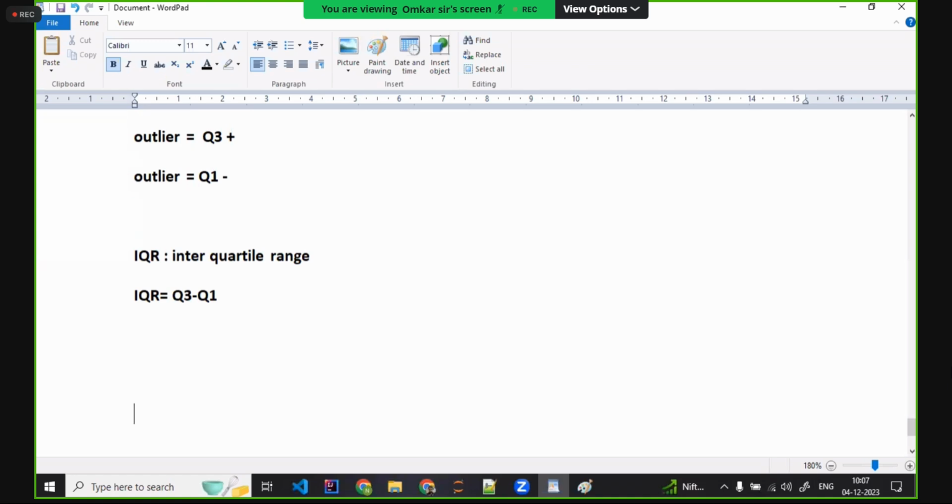Okay? So suppose in India, Q1, that is the 25 percentile, 25 percent of people out of the total data are earning 50,000 rupees per month.